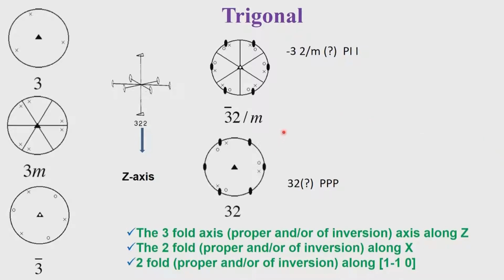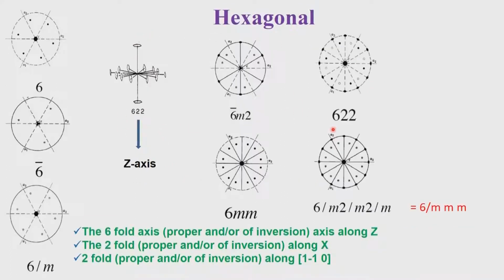So, having seen the trigonal and the tetragonal, which are represented in the corresponding threefold direction and the fourfold, it is obvious that the hexagonal system will again have a z axis representation of the sixfold symmetry.